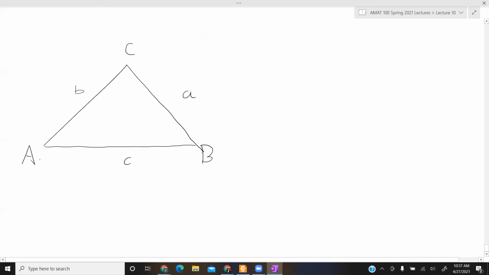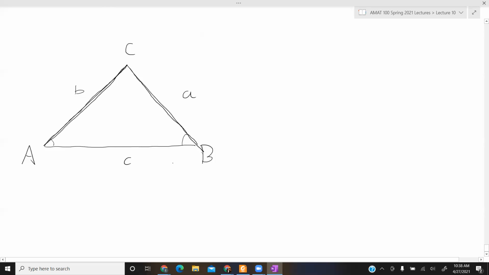What you need, however you label it, is the side opposite the angle to have the same letter. So here's angle A, there's side A right here, the side whose length is a. Here's angle B, and here's the side which it is opposite to, and that has a length of b.